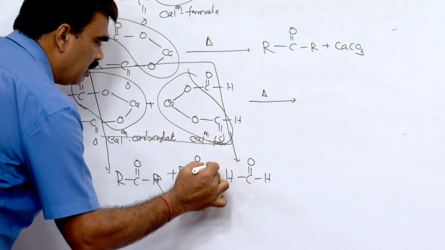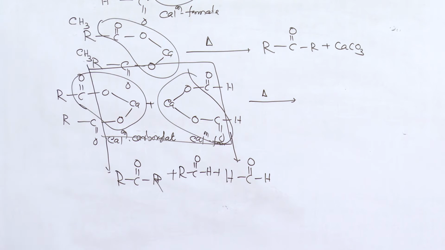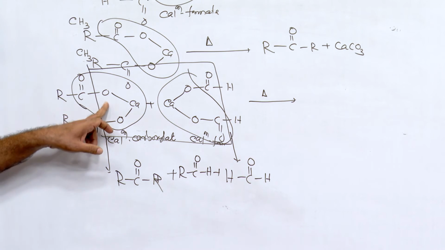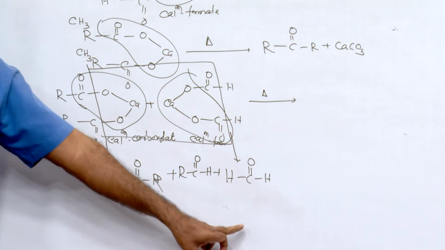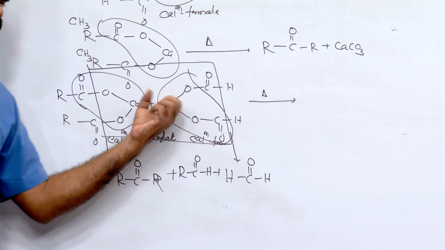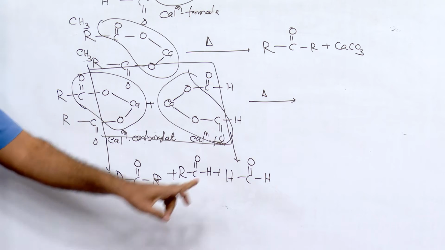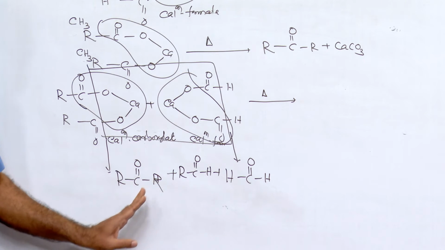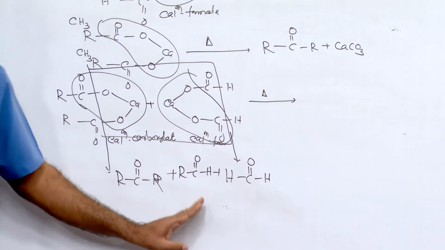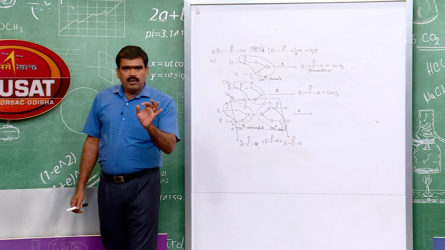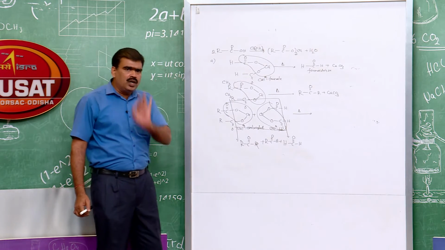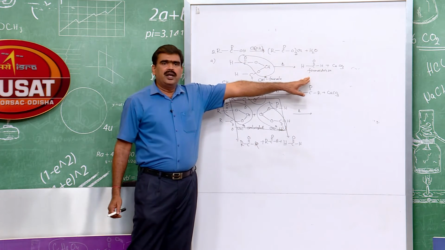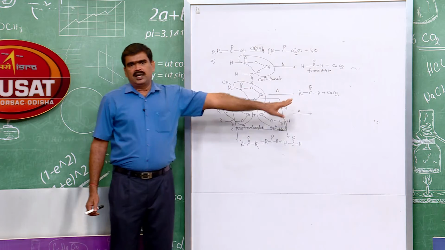That means, this is very important, you will get a mixture of three products: from one you get ketone, from another you get formaldehyde, and when both combine we get the other aldehyde. So ketone plus formaldehyde plus other aldehyde. So this is the problem. You cannot get an isolated aldehyde except formaldehyde. This is the limitation of this process.